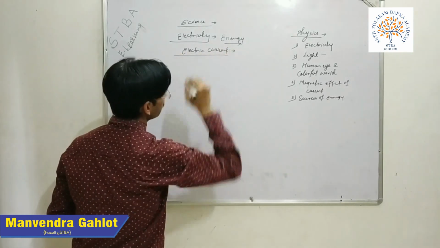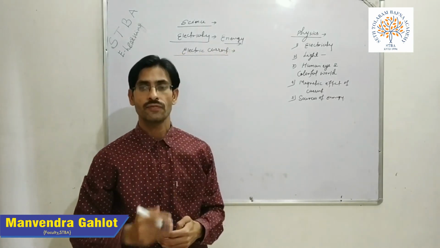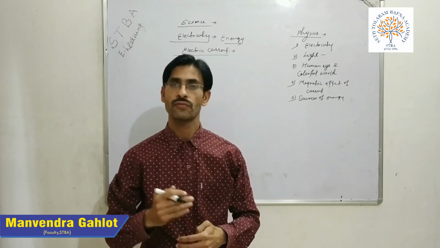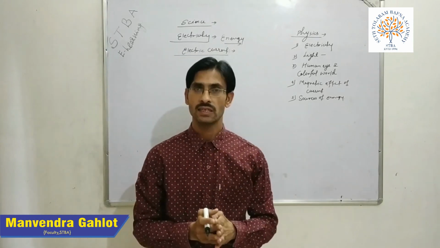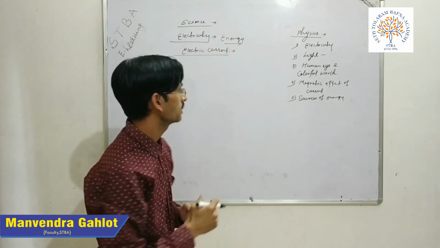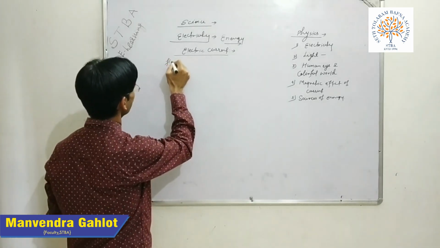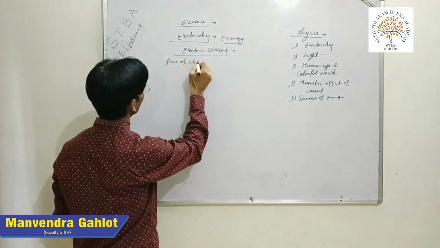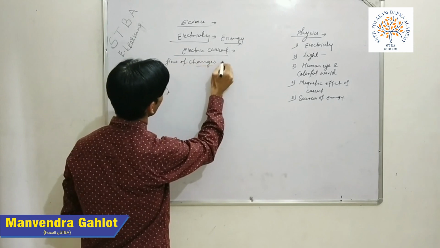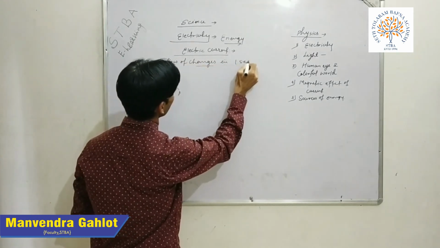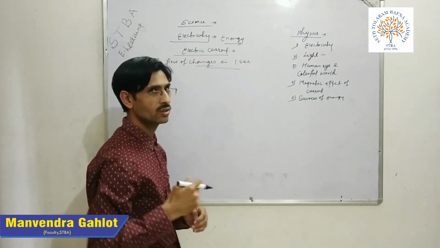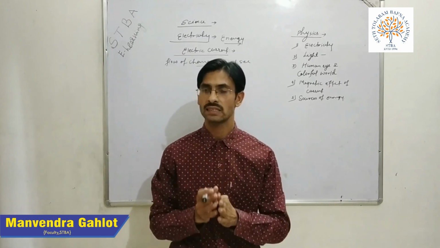Electric current means the flow of charges. The flow of charges in 1 second is called electric current. We can say the rate of flow of charge is electric current.